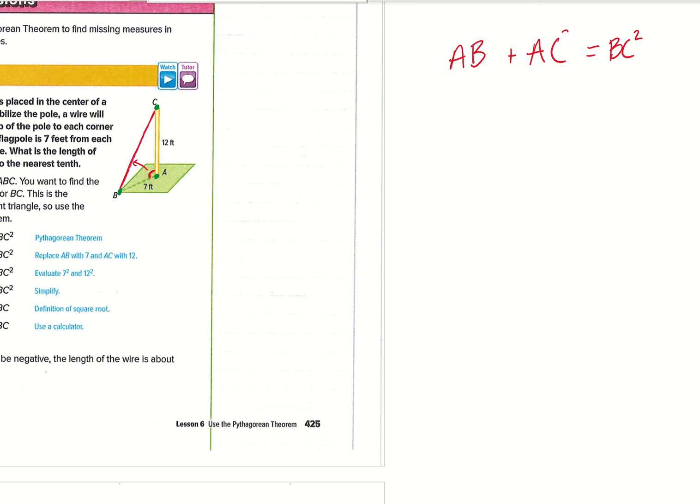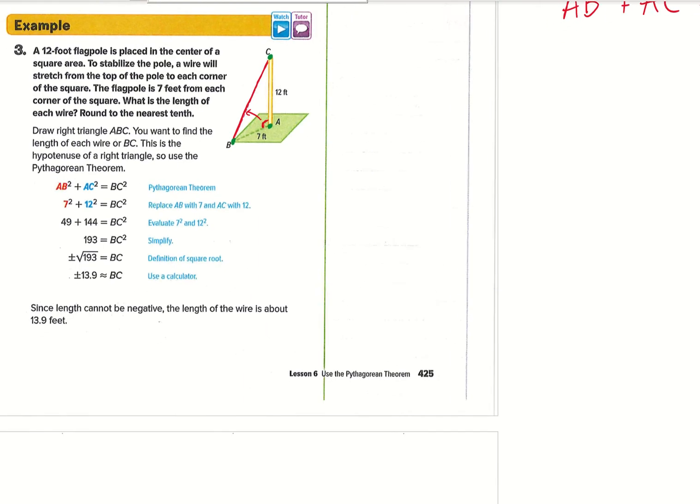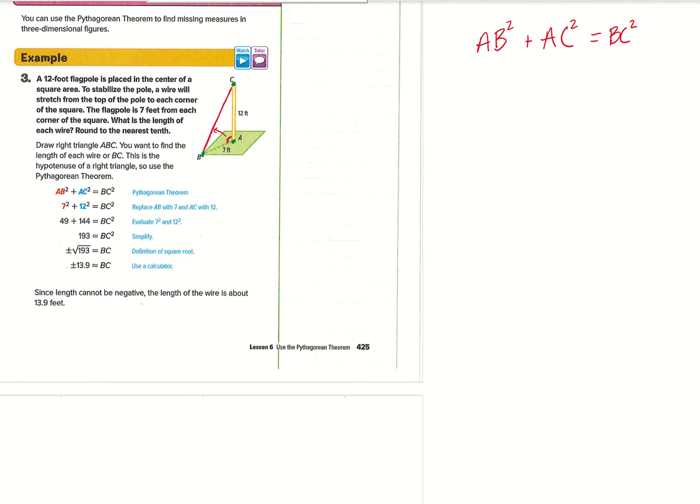Don't forget to square those sides as well. And now it's just the normal Pythagorean theorem, right? This is nothing different. I know it looks different, but it's not any different. So for side AB, we have 7 feet, so I'm going to plug in 7 for AB. For AC, we have 12 feet, so I'm going to plug in the 12. And for BC, that's the one we don't know, so I'm going to leave it as BC.